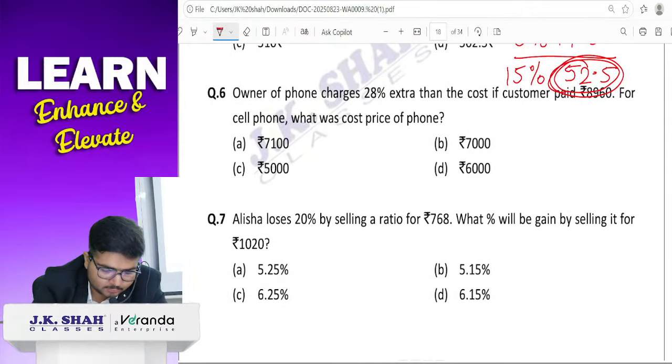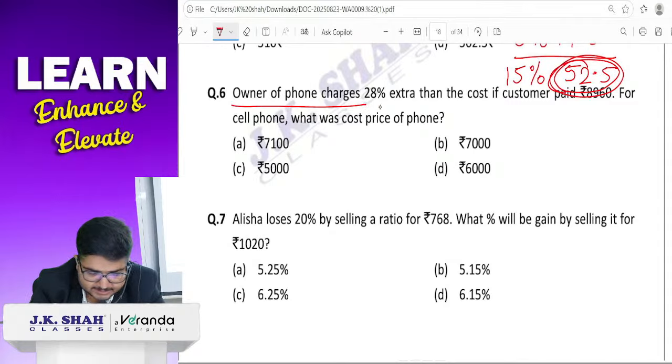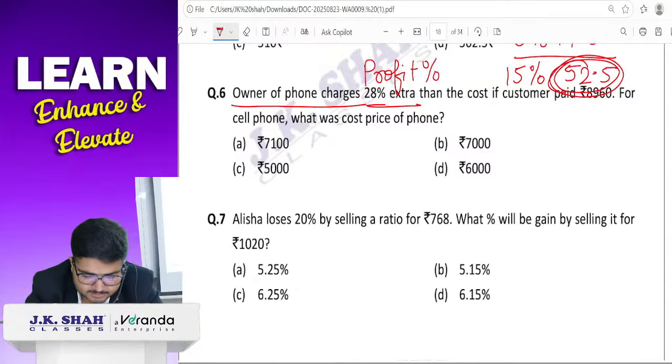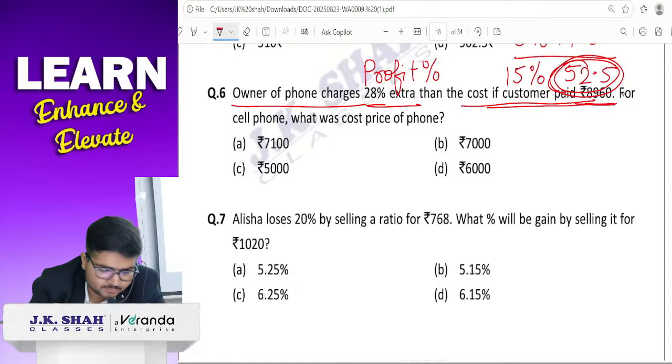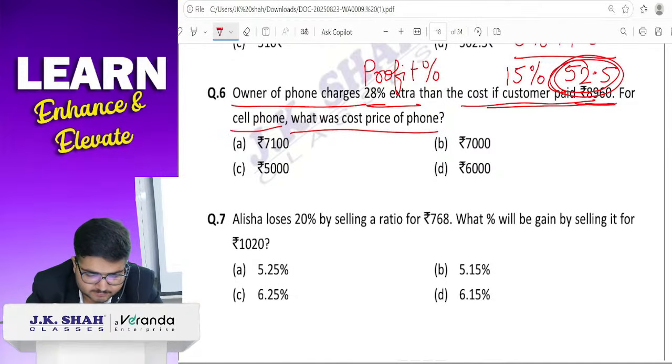Now here, the owner of a phone charges extra 28%. Extra 28% means this is profit percent. If the customer paid 8960 for a cell phone, what was the cost price of the phone?